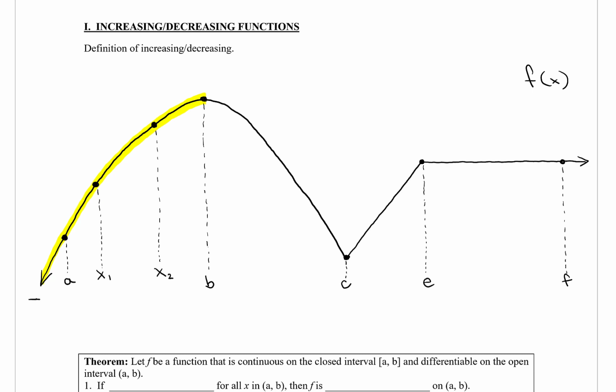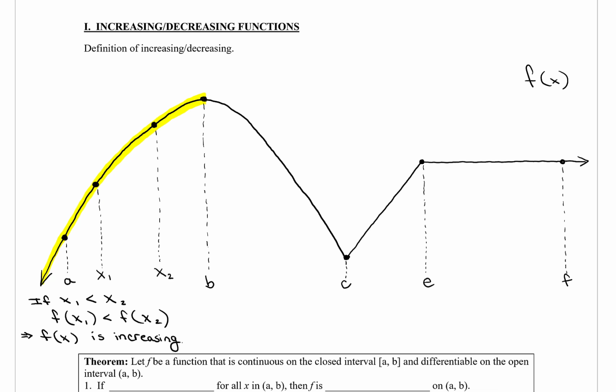To define this part, we're going to say if x sub 1 is less than x sub 2 and f of x sub 1 is less than f of x sub 2, then this means that f of x is increasing. And that's going to be our definition for an increasing function here.